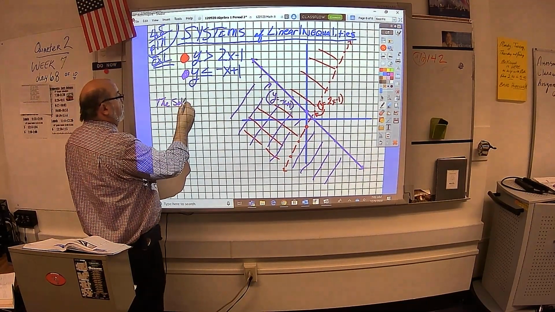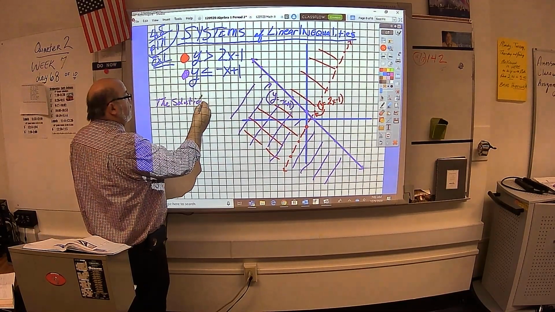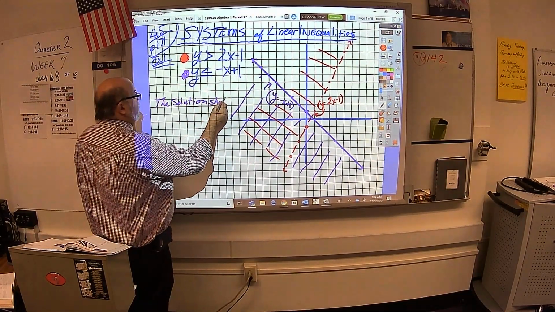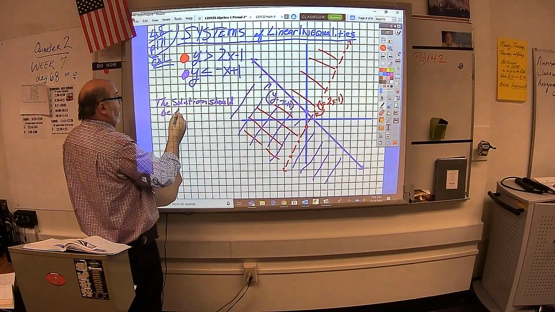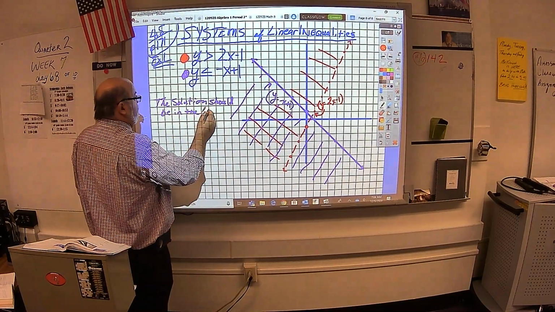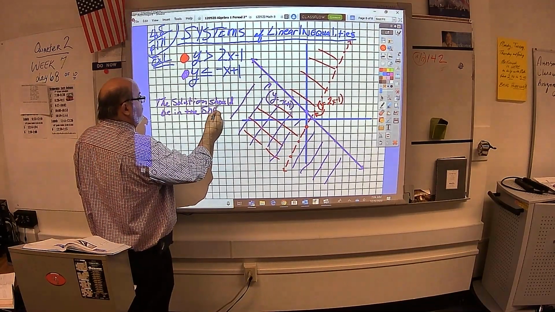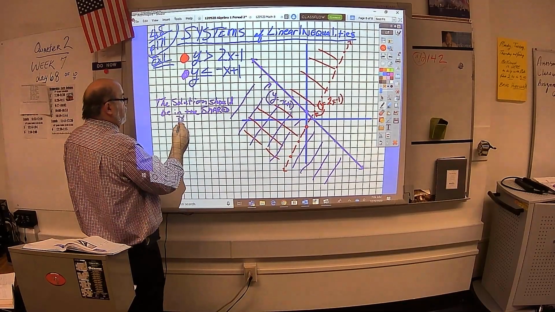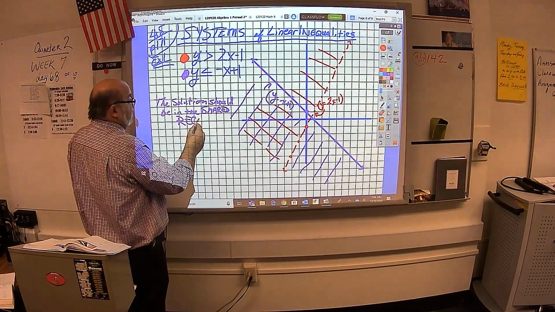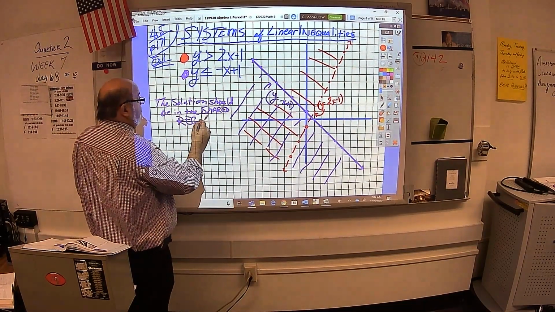What we're looking for, the solution, should be in the shared region. I'm not saying quarter because I know this is not going to be quarters and halves, things like that.